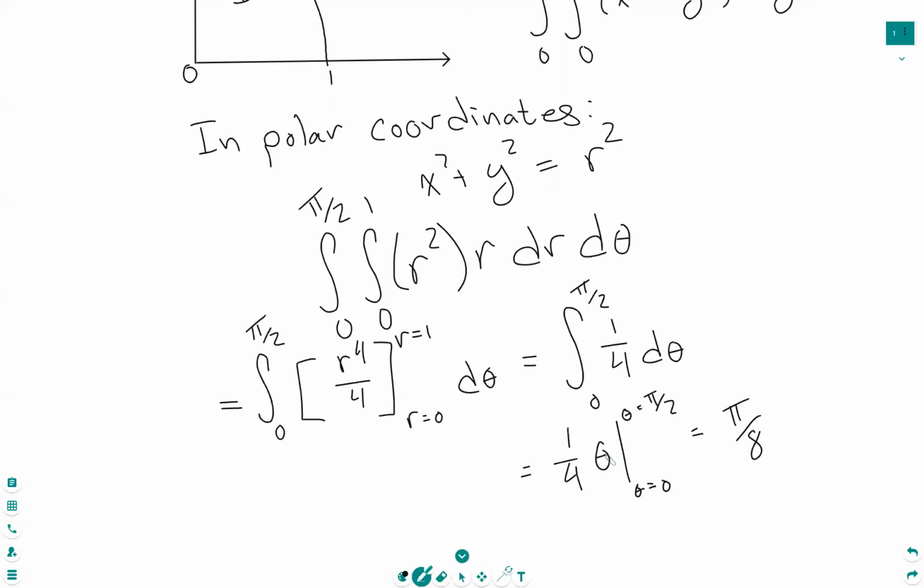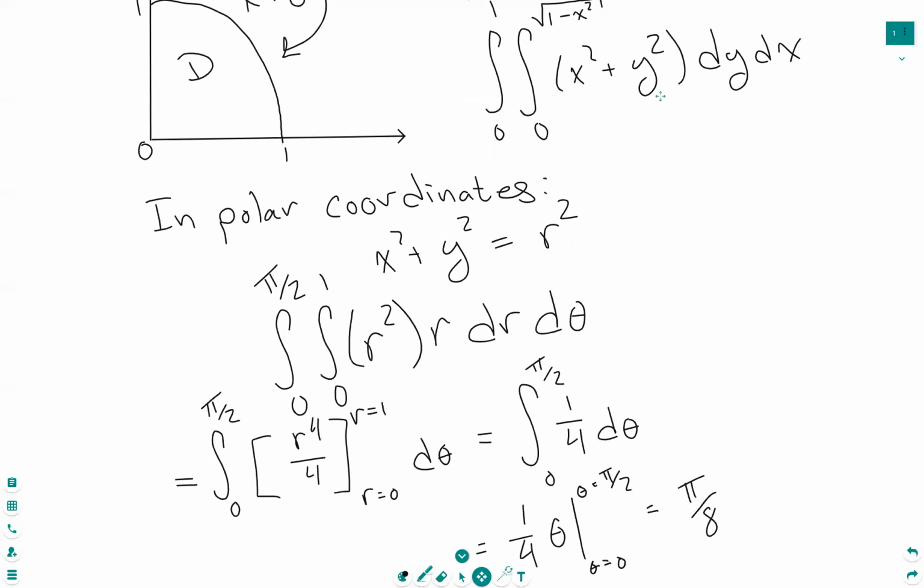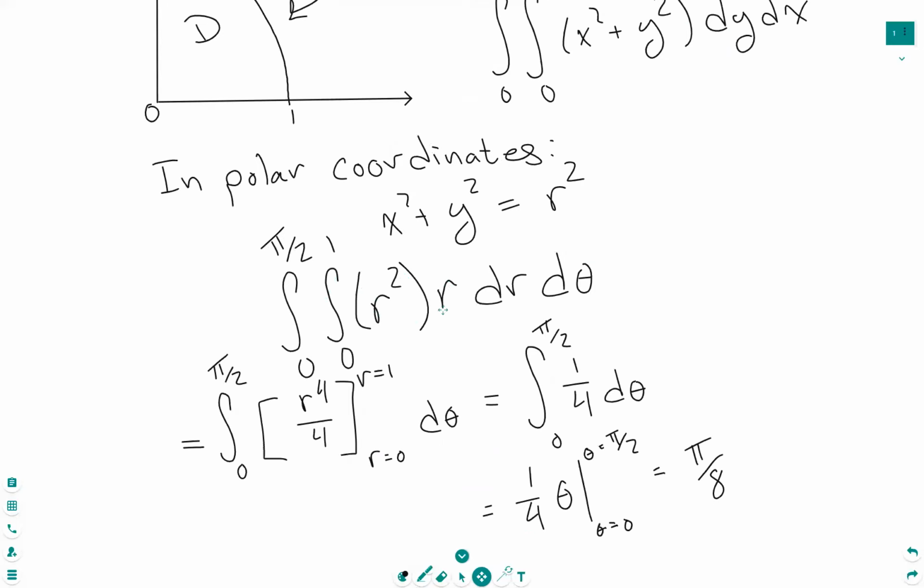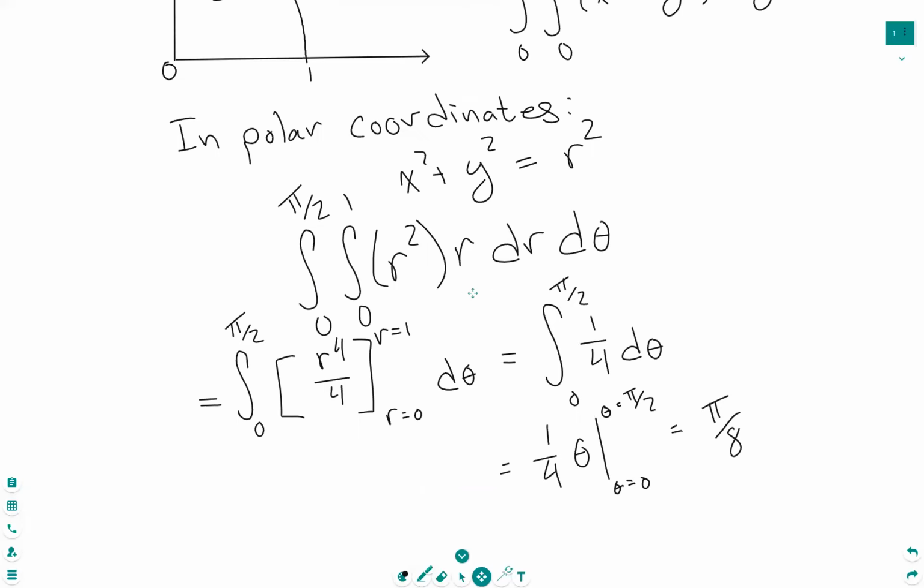So this was a lot easier for us to do than trying to do this Cartesian setup. Right? This was just a really easy r cubed. Right? Theta didn't even show up in here.